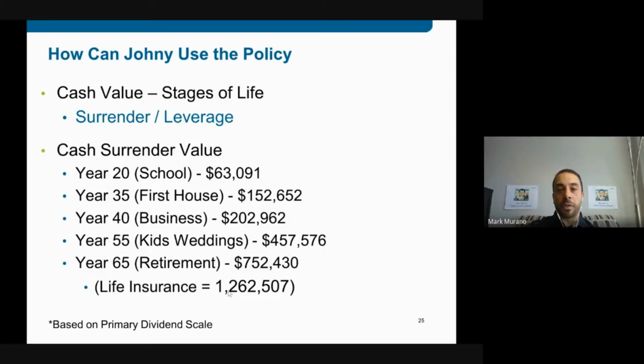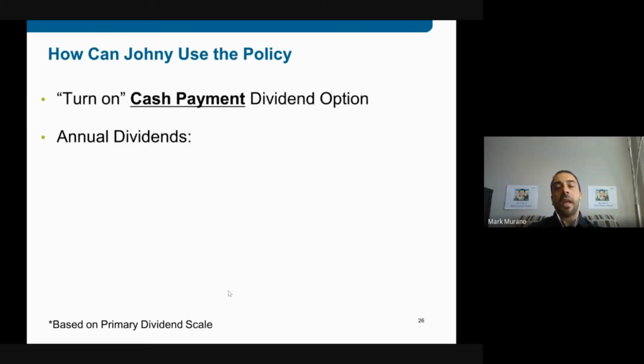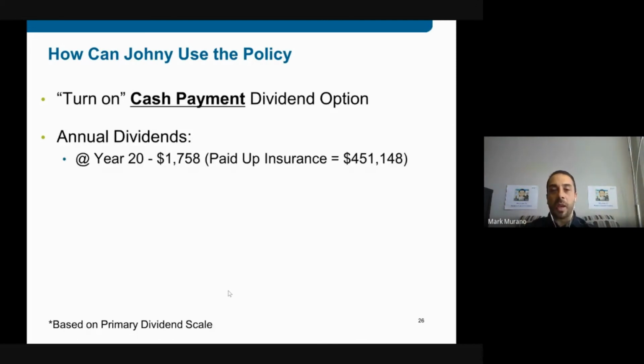Now, the second part of this, which I don't think is talked about nearly enough, is the cash payment dividend option. So if the clients decide their policy has grown to a big enough level, you have the opportunity to switch your dividend option from buying more paid up additions and more cash value to taking a cash payment of your annual dividend. So here's some examples of the random years.